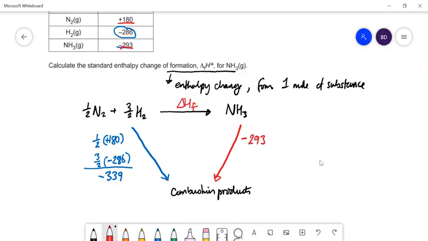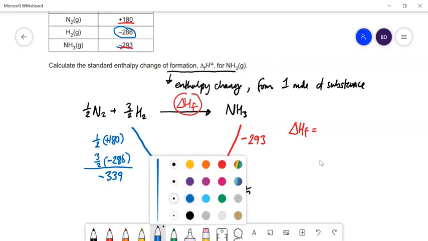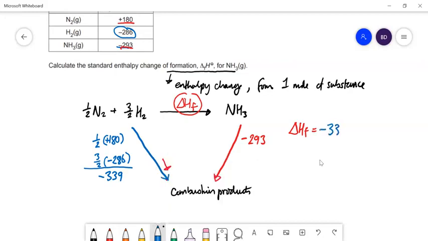So what is our delta HF equal to? We are following the blue arrow, so we don't mess about with the sign there. That's minus 339. But this one, we are going against the red arrow, so we have to change that into a plus, plus 293.